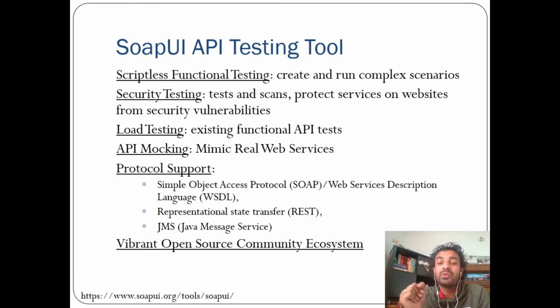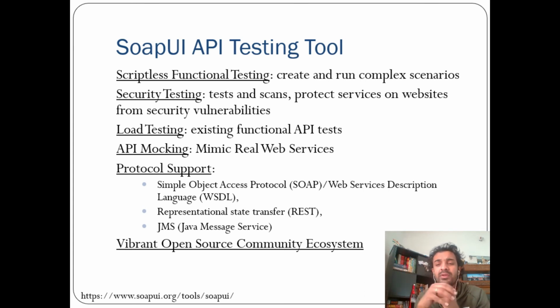Then it also supports four different types of testing: security, load, mocking, and functional testing. So these four important types of testing: functional, security, load, and mocking, along with these three protocols, behave very well for us to do web service testing.